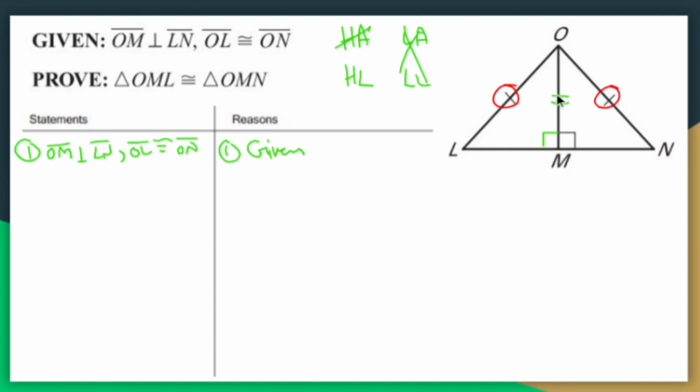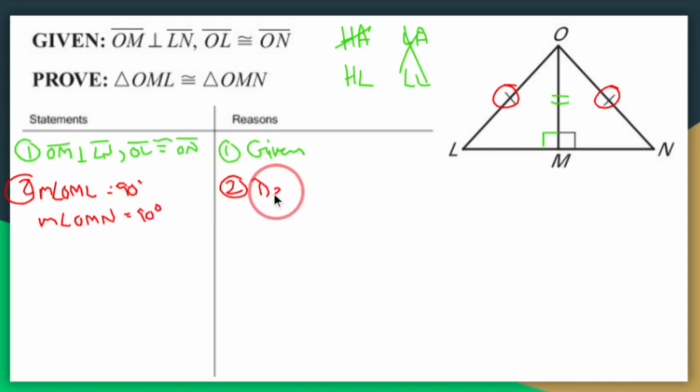OML and OMN both measure out to 90 degrees. So the measure of OML equals 90 degrees, and the measure of OMN is 90 degrees, and this is by definition of perpendicular lines. Okay?